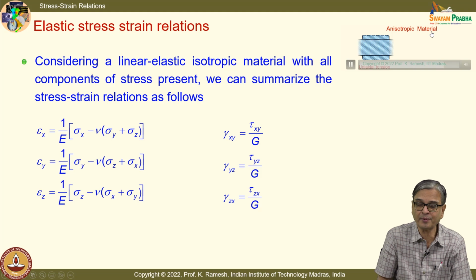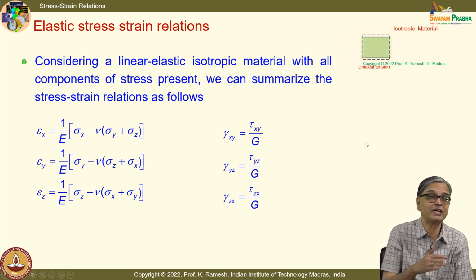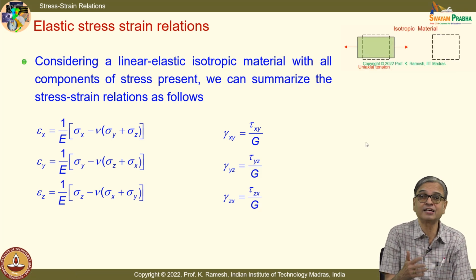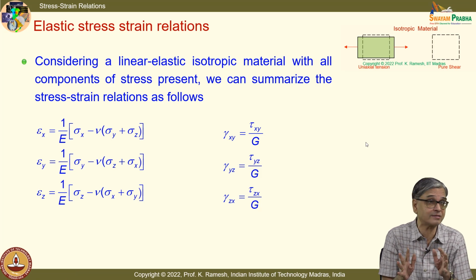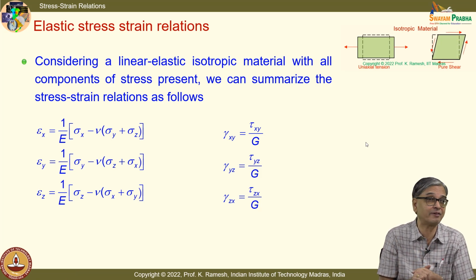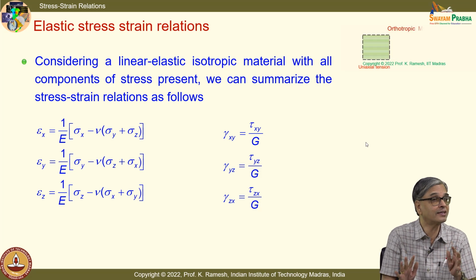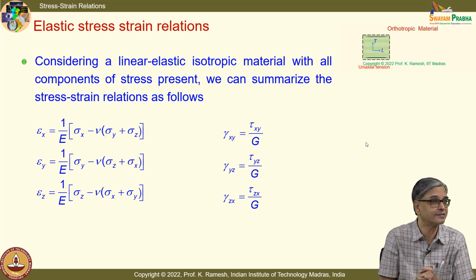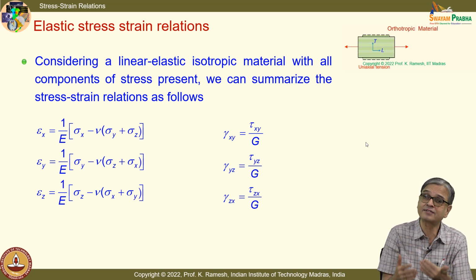But when I go to an anisotropic material, if I pull it, it will elongate and also deform. Similarly, when you apply shear, it can have elongation and deformation. It's very, very complex. That is why we don't go near anisotropic material in the first development of the course. We live in the comfort of isotropic materials because the material behavior is simple.